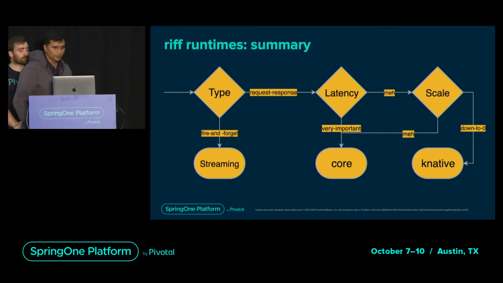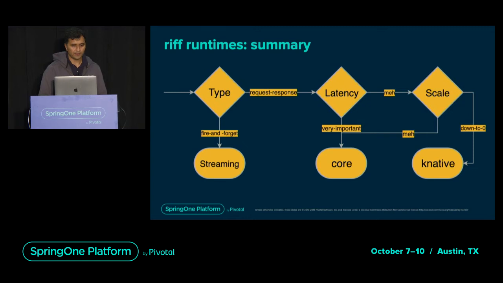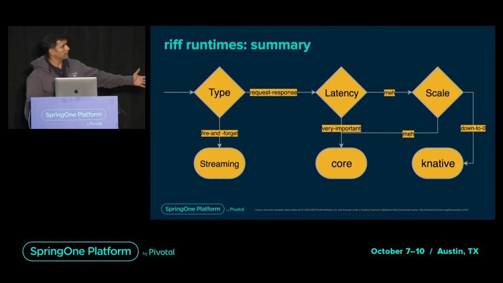All right. So in summary, Riff has 3 runtimes that you can deploy your functions to. And this is just a little flowchart to help you decide which runtime would be appropriate for your functions. If you have a fire and forget function, deploy it on the streaming runtime. If you have a request and response, you have options.